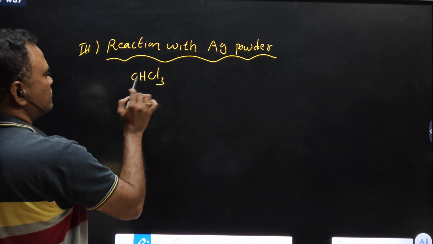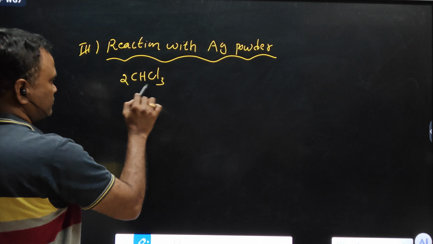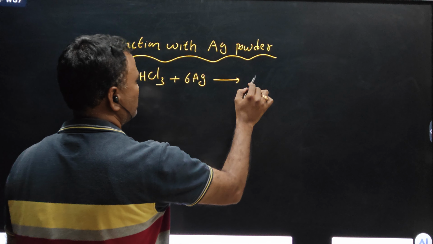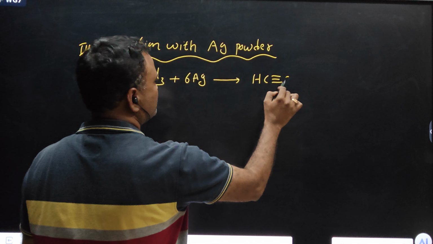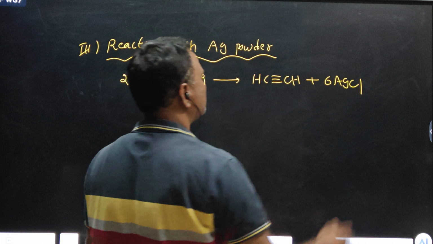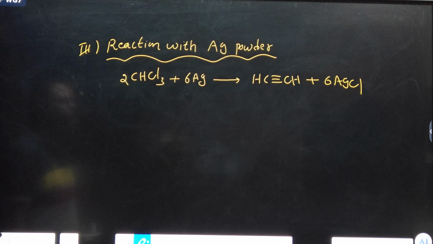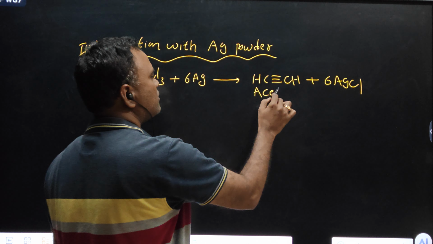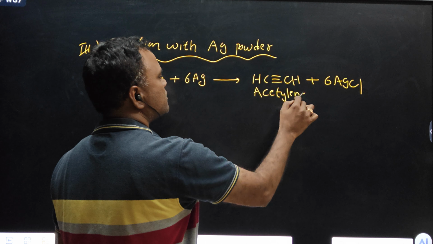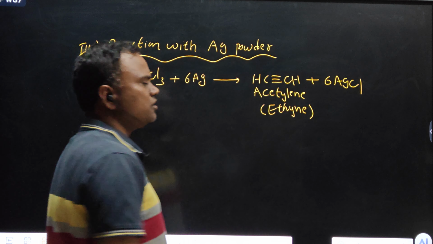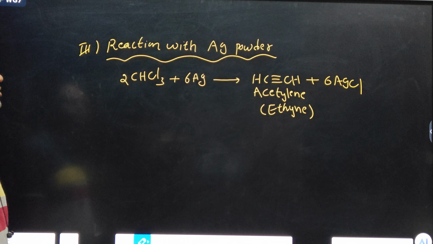Chloroform is treated with silver powder to produce acetylene. Acetylene is formed as the product, very important. Acetylene is also called ethyne. Both are the same.